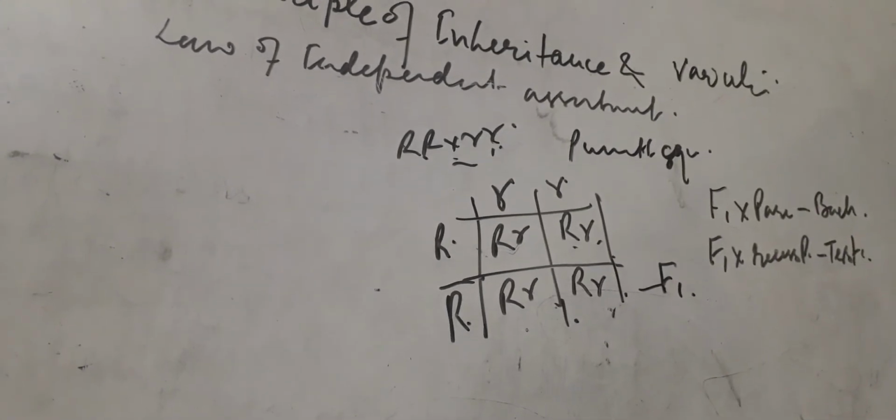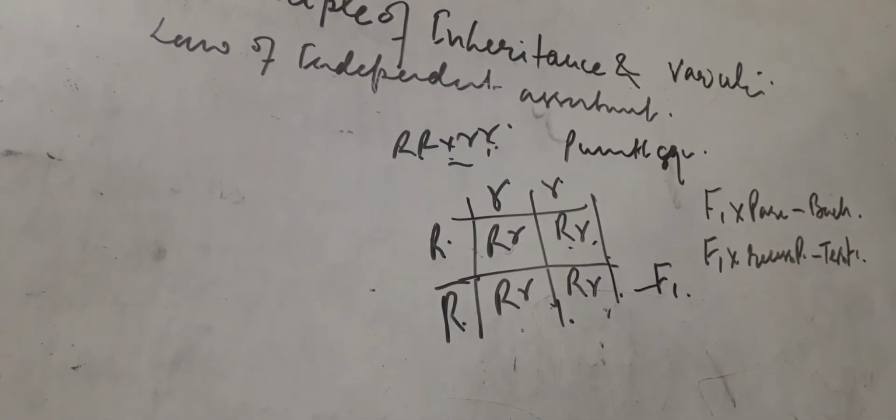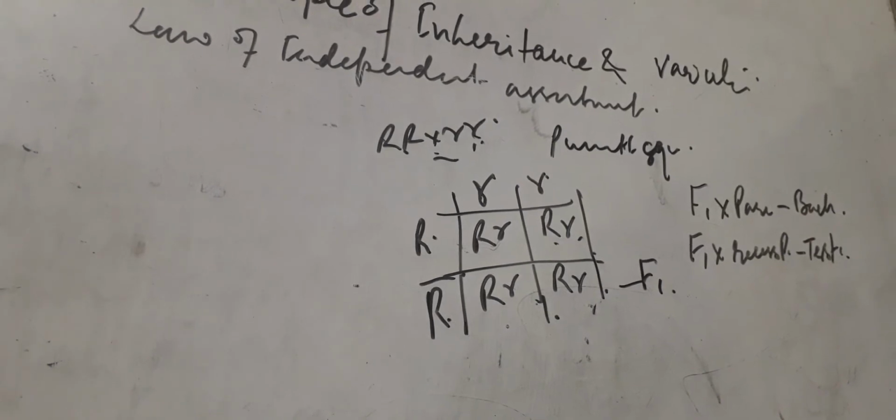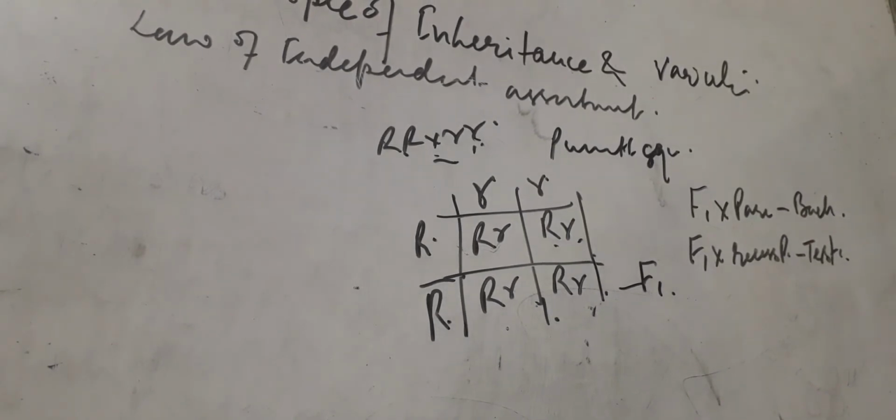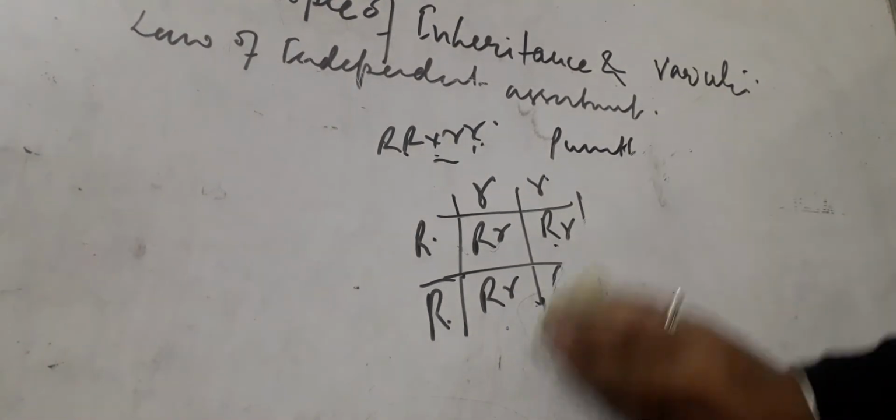After Mendel, many experiments have been done by scientists, and some exceptions also came into existence. The first exception to Mendel's principle is incomplete dominance.